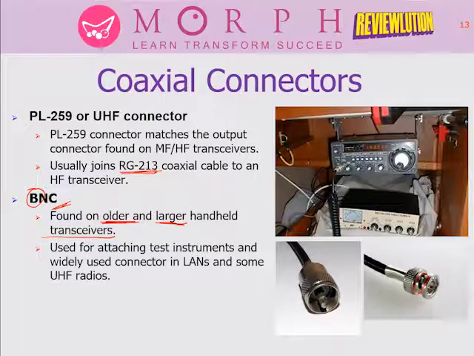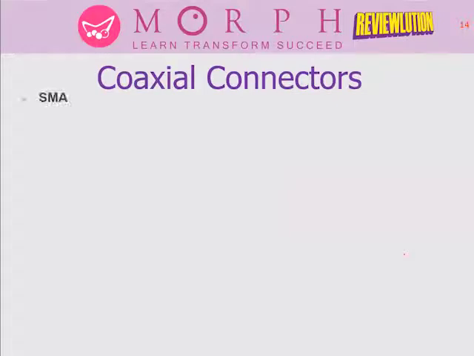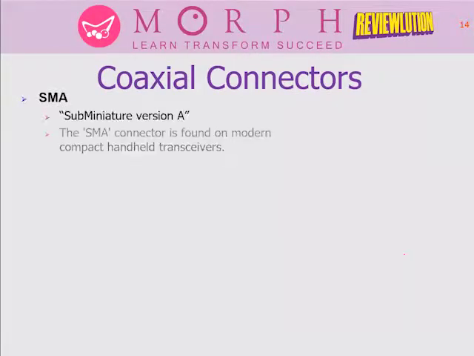So bulky yung BNC. Counterpart nito is yung SMA or subminiature A. So the subminiature version A is a connector found naman in modern and compact, maliliit na handheld transceivers. So BNC is for old and large, SMA is for modern and small, no? So parang ito na lang yung mnemonic mo, small and modern, no? Small and modern.